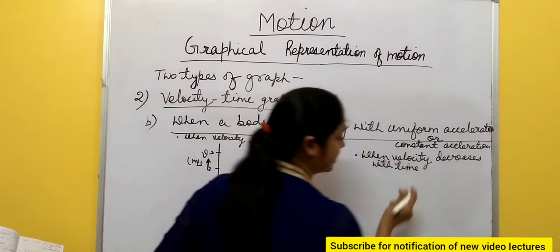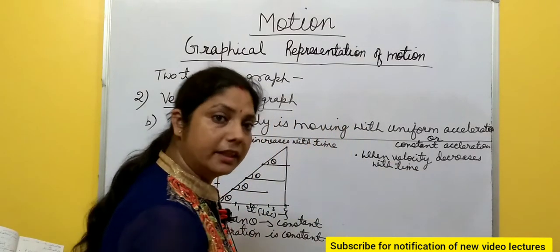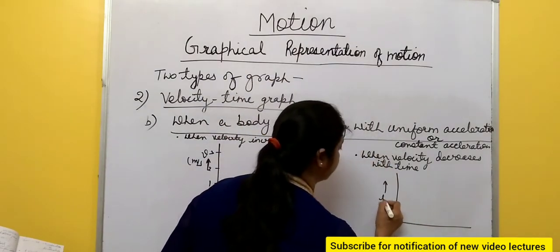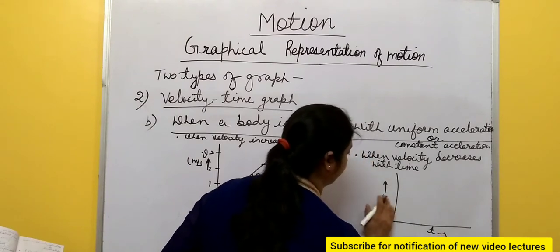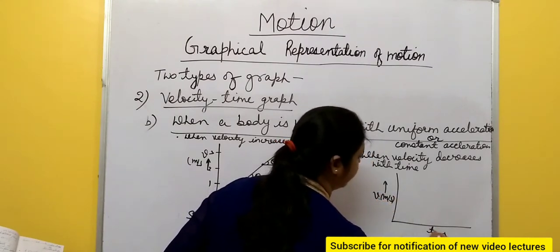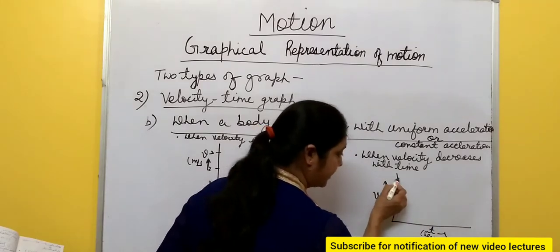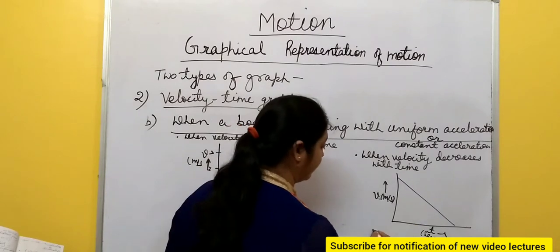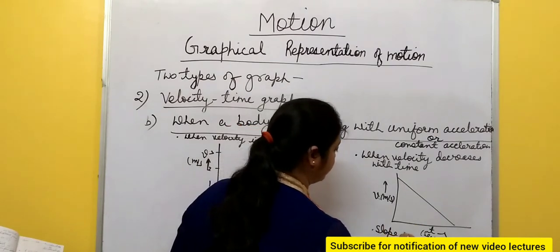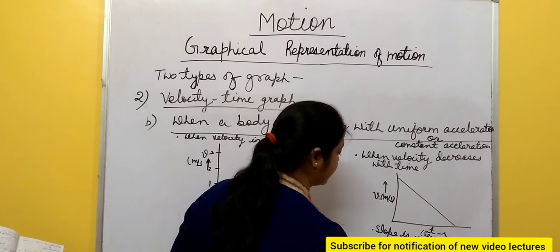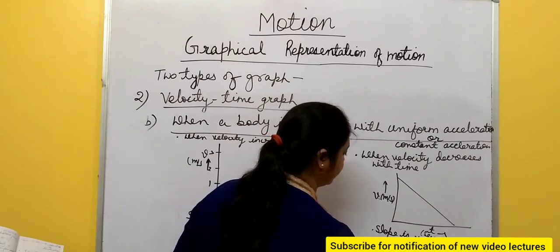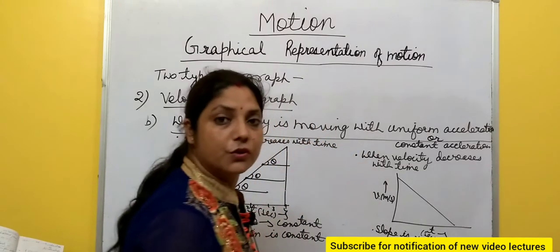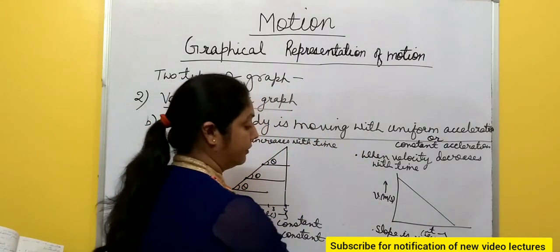It means the final velocity is less than the initial velocity. This side velocity, this side time. Okay, it is in meter per second, it is in second. If velocity decreases with time, the graph is like this one, and in this case the slope is negative. It means it gives negative acceleration, right?